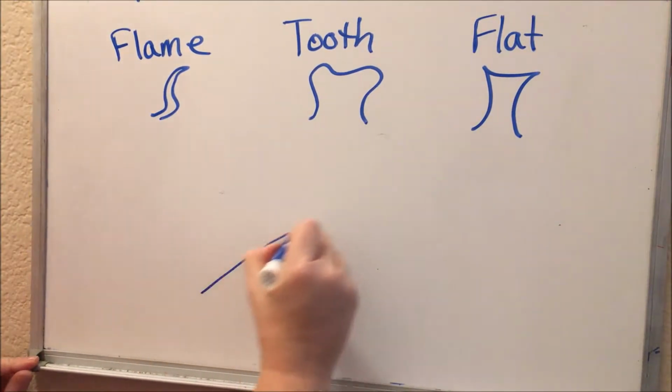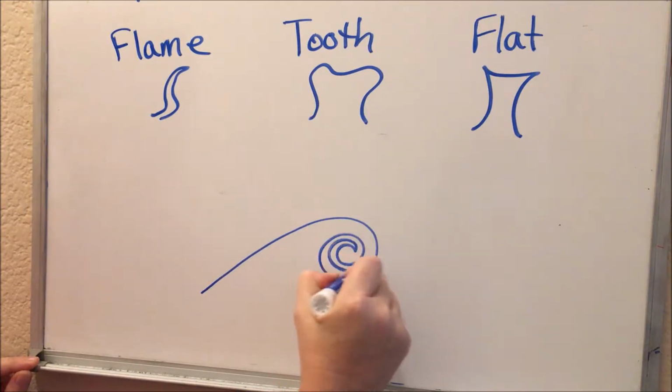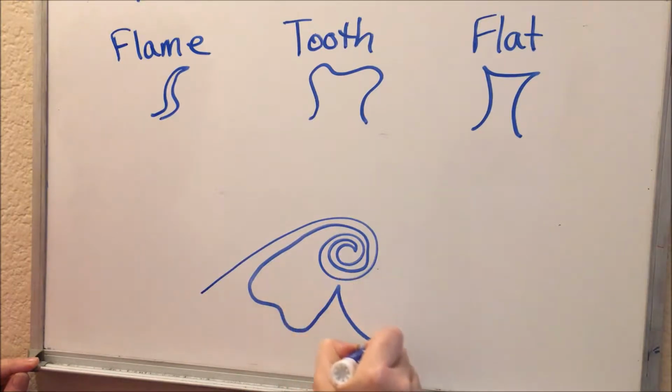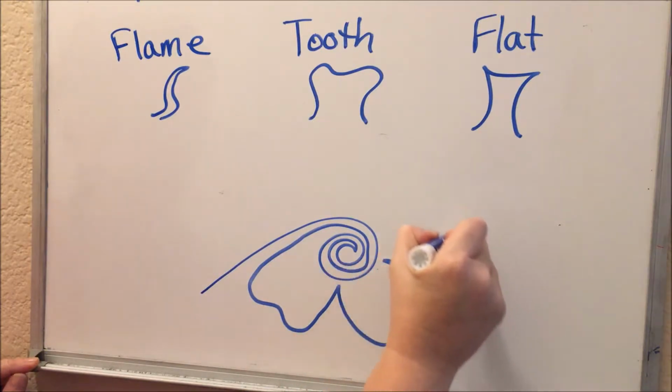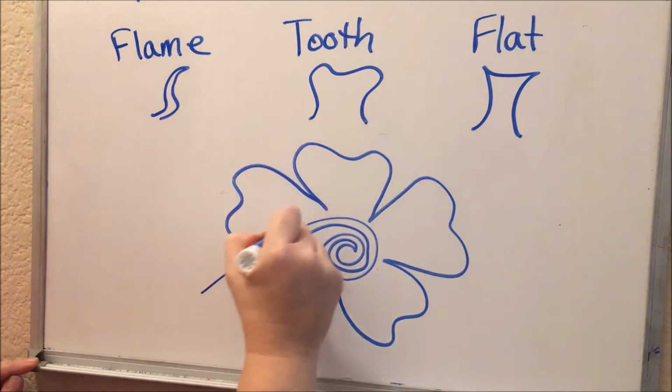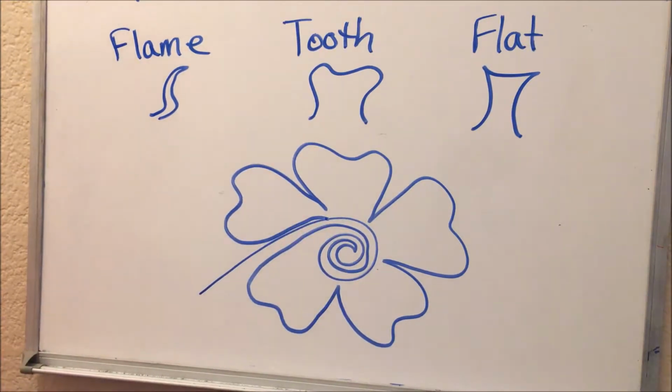Again, I start with a spiral in the center and then travel parallel to that seam line. And I can generally get about 5 of those shapes. That makes a nice full flower. This really reminds me of a hibiscus.